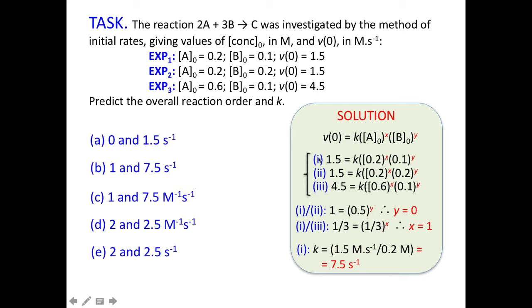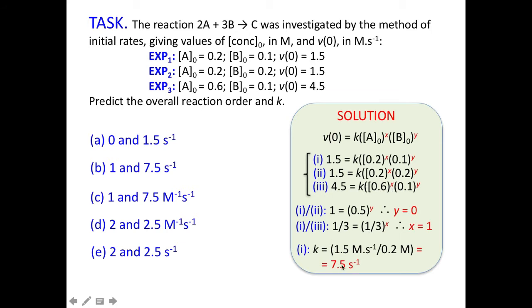If we now combine equations 1 and 3, just because in going from 1 to 3, the concentration of B is the same, but the initial concentration of A changes, we divide equation 1 by equation 3 to get this here, and x is equal to 1. Which means now I know x, I know y, I just substitute in any of these 3 equations to get the value of k.